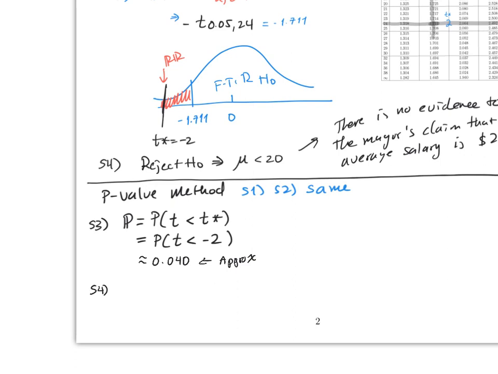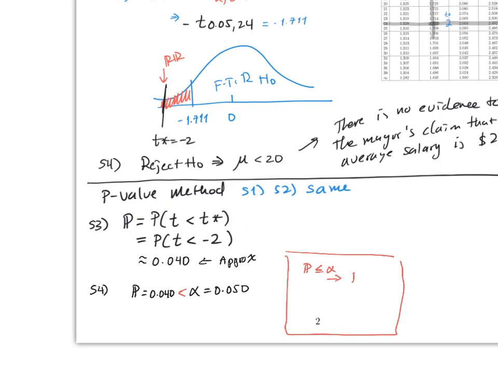Because remember, for step 4, you're going to compare the p-value with alpha. Well, if the p-value is 0.040 and alpha was 0.050, clearly this is less. And remember the rule from last time: if the p-value is less than alpha, that means reject.